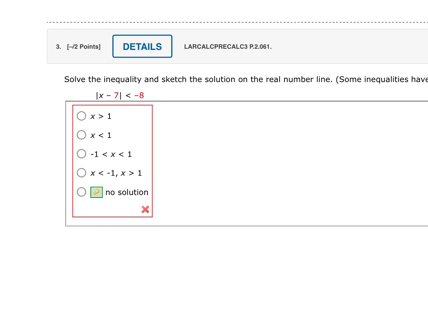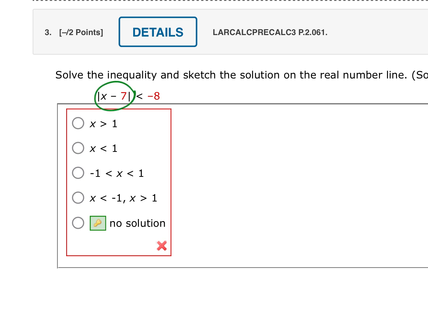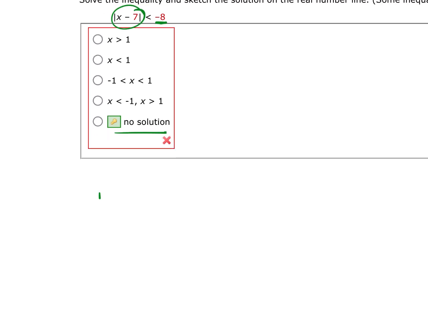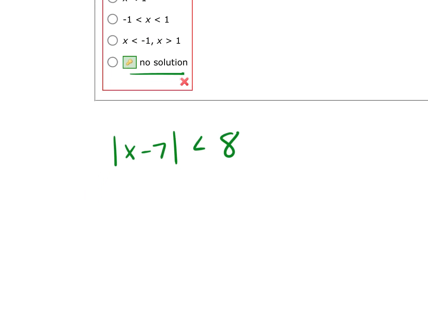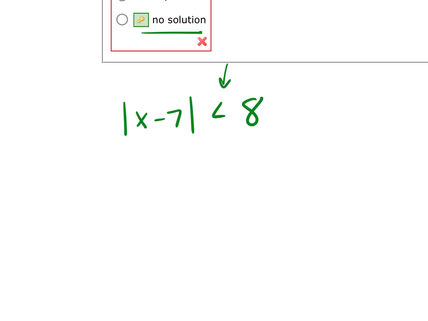For a question like number 3 for the inequality, here we know that an absolute value is a positive number, so it can never be less than a negative number, so that's why we have no solution here. But if this was something like the absolute value of x minus 7 is less than positive 8, if it's less than, we would split it up into 2.